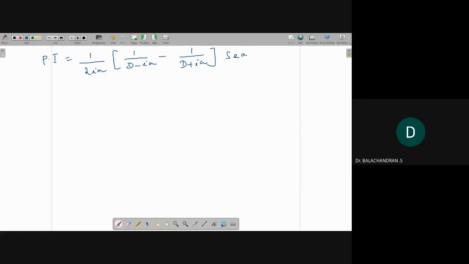Now we should split it like this: 1 by 2ia common, 1 by d minus ia into secant ax minus 1 by d minus of minus ia into secant ax.